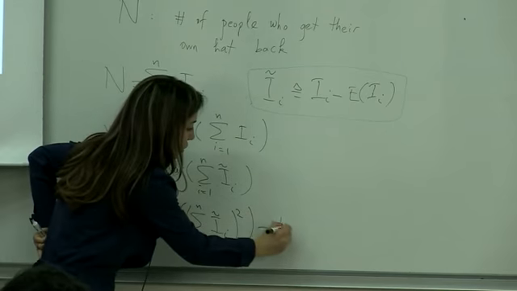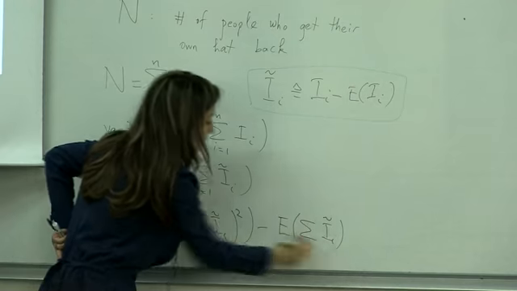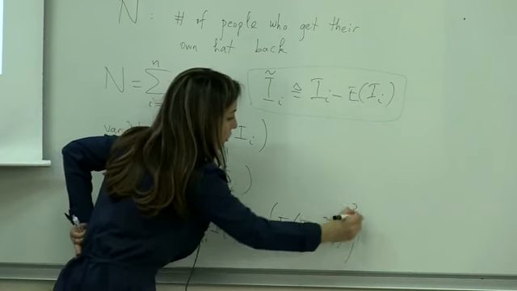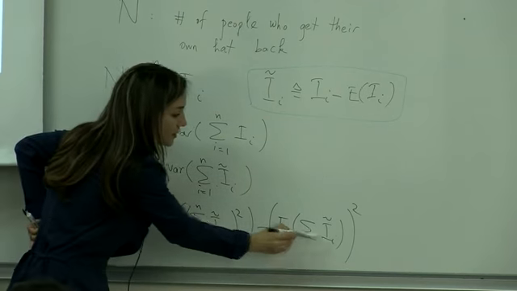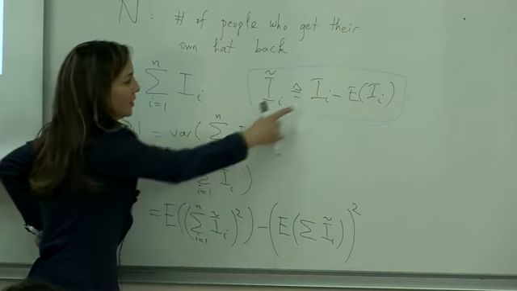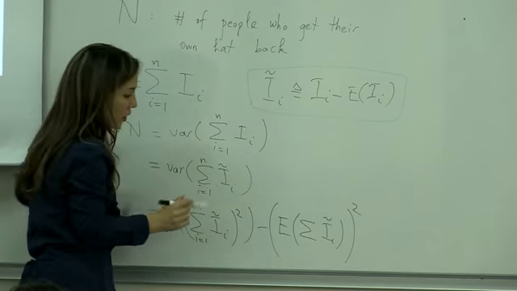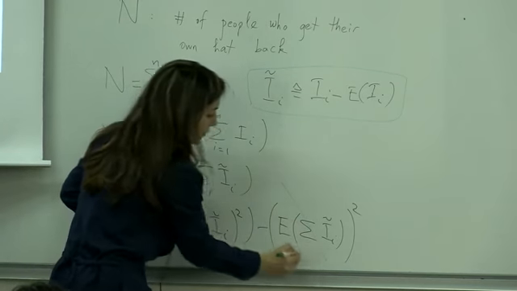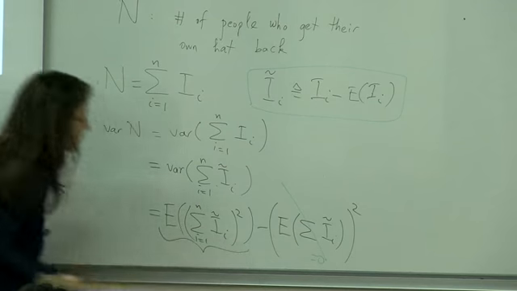Expectation of the summation of I tildes, squared. So we'll now see the benefit of having defined I tildes. What is the expectation of I tilde? 0, because I already took the mean out, and it's a 0 mean random variable. So this is 0. Okay, so I just have to worry about this.